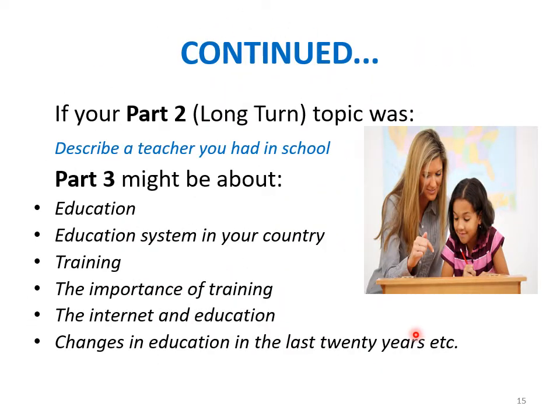Okay, here we go. In your part 2 long term, the topic was, for example, describe a teacher you had in school. Now be careful about this. I'll stay on this slide for some time. So in your part 2 you were given a cue card and you chose to speak about a teacher. Describe a teacher you had in school.